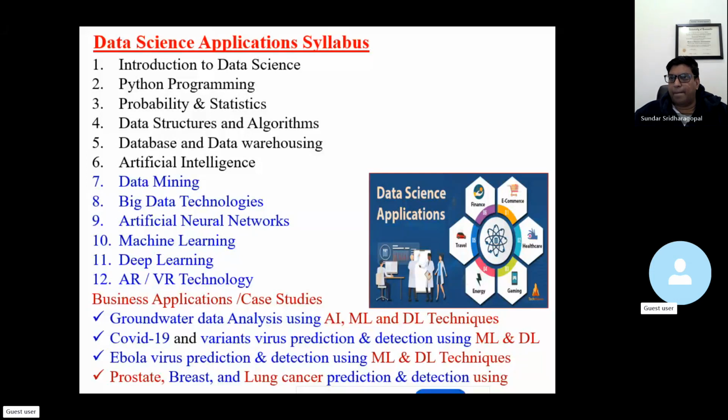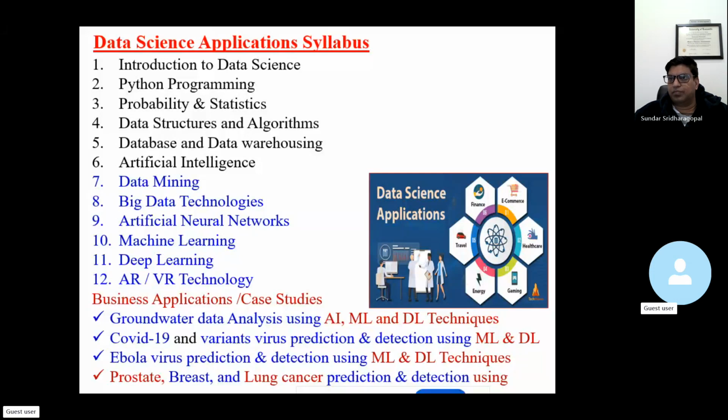So based on the features, we are applying classification techniques, clustering techniques, and association rule mining techniques in order to segregate the data. If you are taking text data, we are classifying. If you are taking image data, we are classifying with advanced deep learning techniques like CNN, RNN, LSTM, various frameworks we are using.